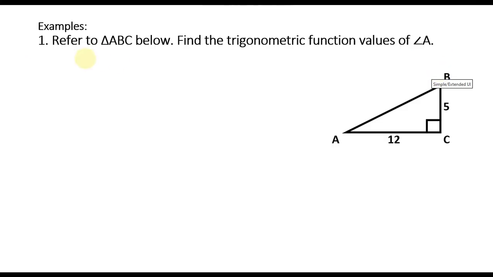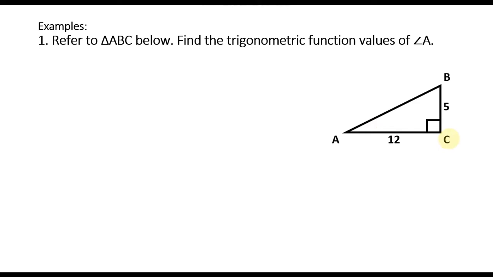Okay, let's have our example. Refer to triangle ABC below. Find the trigonometric function values of angle A. In our illustration, we have two sides, and the missing length of the hypotenuse is not given. So to look for the hypotenuse, you can use the Pythagorean theorem.